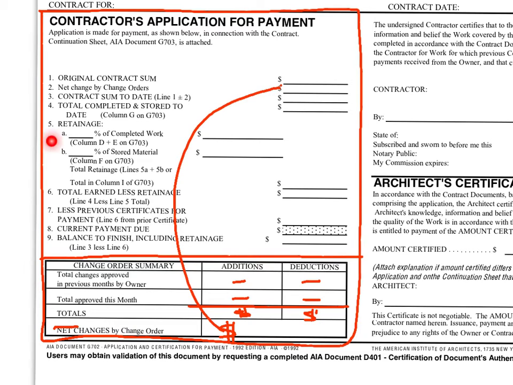Line 5 is for retainage, and it's broken into two sections, A and B. 5A is the retainage on the completed work. 5B is the retainage on the stored material. Both of those added together will give us total retainage, which should equal column I on G703.